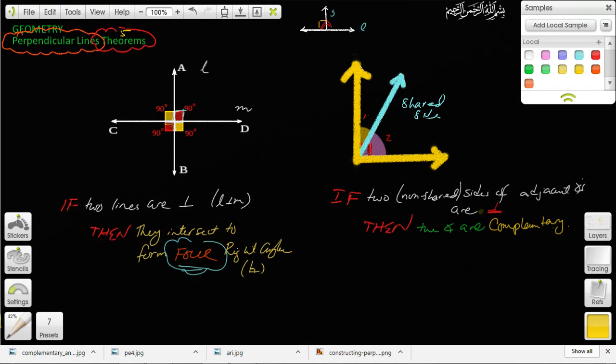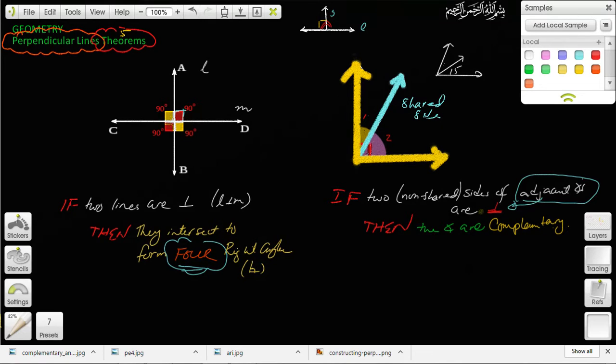So this theorem is about two adjacent angles whose non-shared sides are perpendicular. I'll give you another example where they are not. Here are adjacent angles whose non-shared sides are not perpendicular, at least not in the picture.